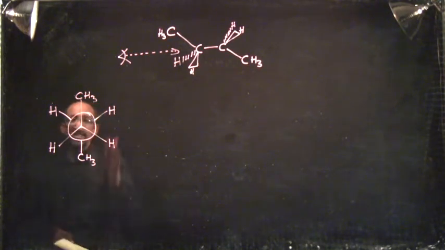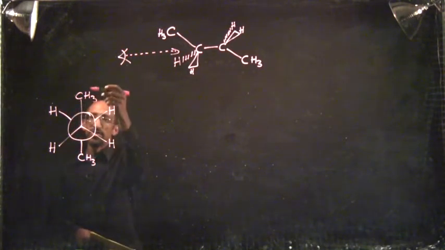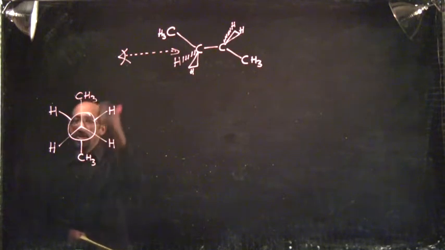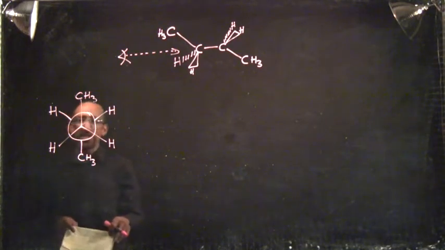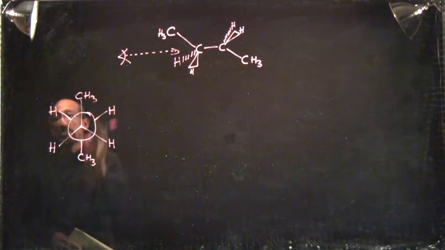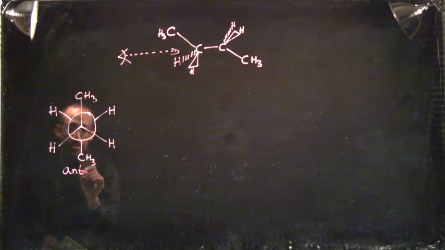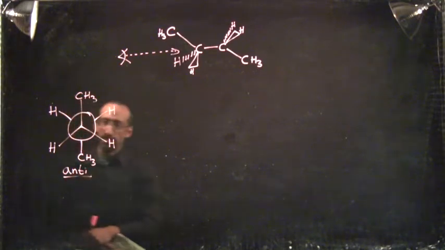So in this situation, we see that the two large substituents, the two methyl groups, are opposing each other, and we call this specific conformation, where we have two bulky groups opposite of each other, the anti-conformation.